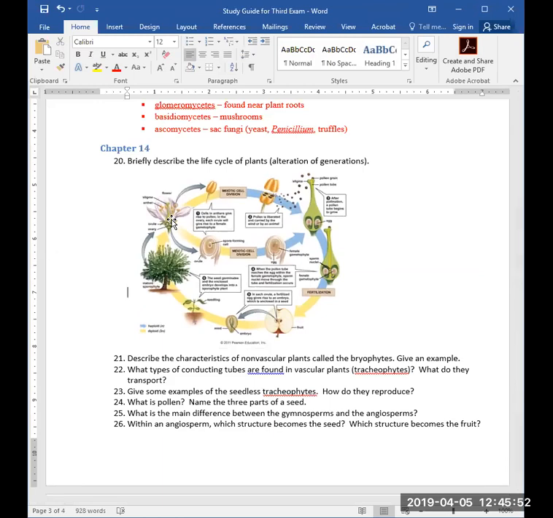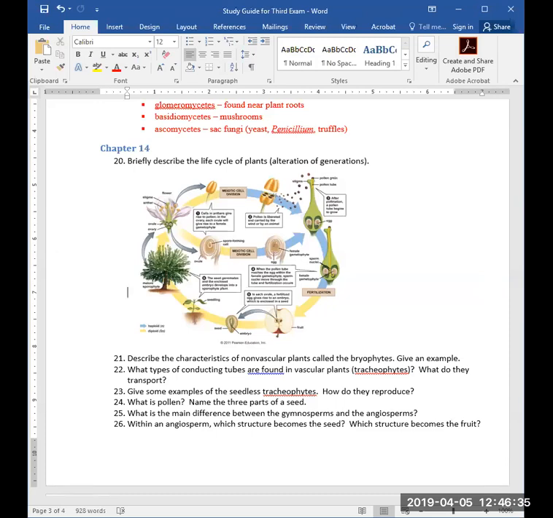The first one is the gametophyte, which makes gametes. Those are the ones that are going to make the eggs and the sperm. And when they make the egg and sperm, it comes together to form the second form, which is the sporophyte. So the sporophyte is diploid, and the gametophytes are usually haploid.